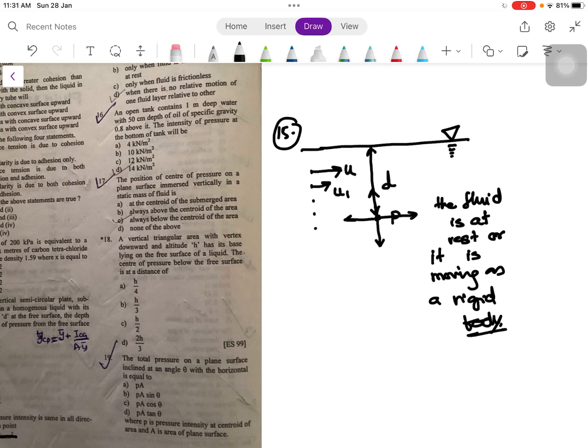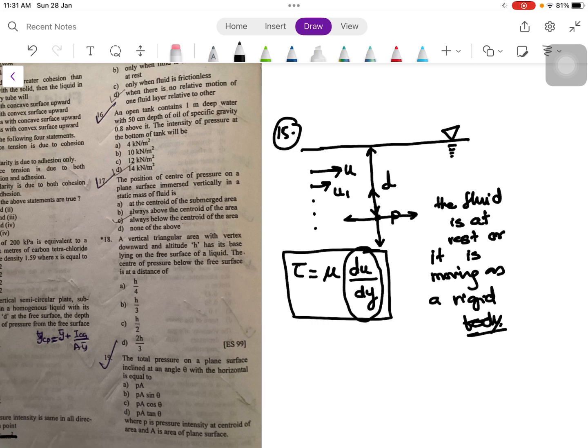So due to this velocity gradient du, there will exist a shear force or the shear stress, which is given by this equation, right? So whenever there is a relative motion between the various layers in a fluid, there will be a velocity gradient. And if there is a velocity gradient in a fluid, there will be shear stress.